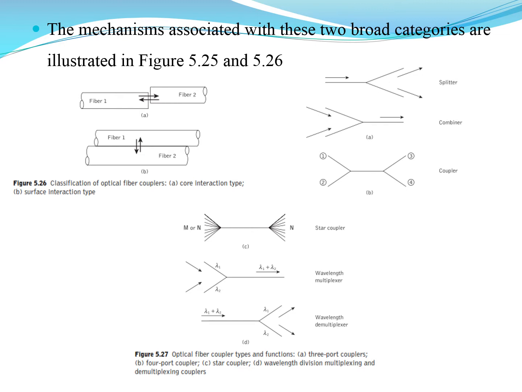You see that the light being coupled from fiber 1 to fiber 2 through the core, we consider it a core interaction type. The interaction is due to the core. Similarly, in the surface interaction type, the interaction between these two fibers, fiber 1 and fiber 2, is through the surface. So we call it surface interaction.